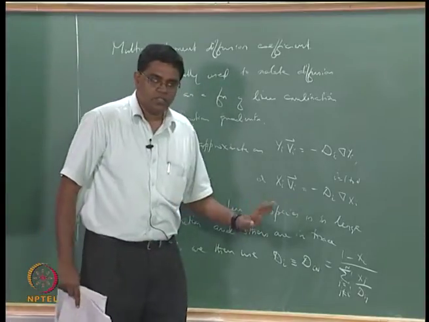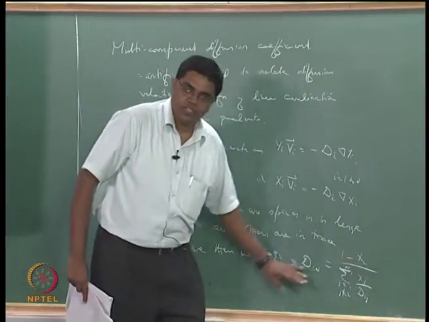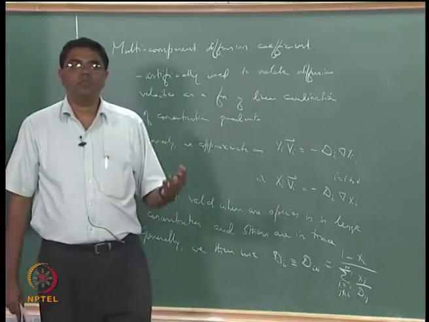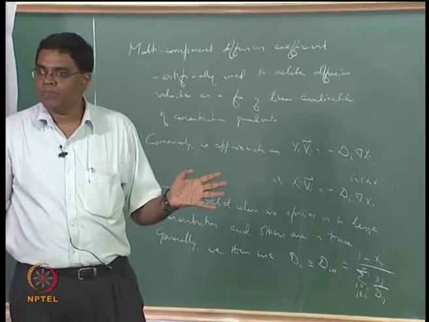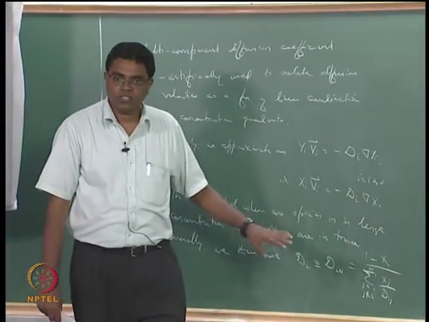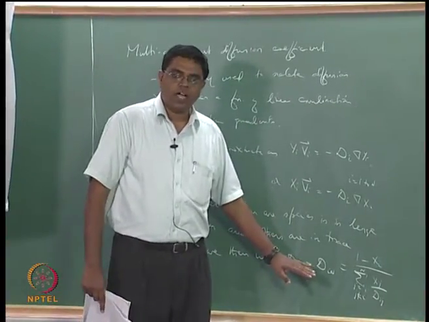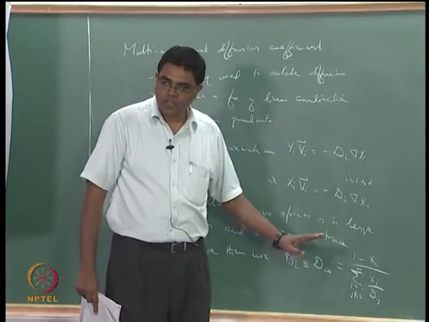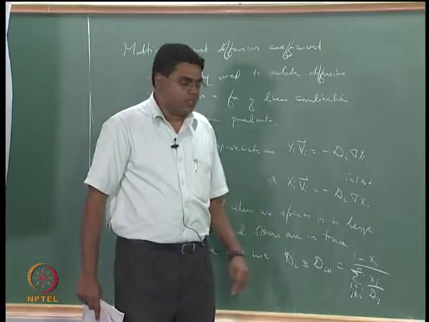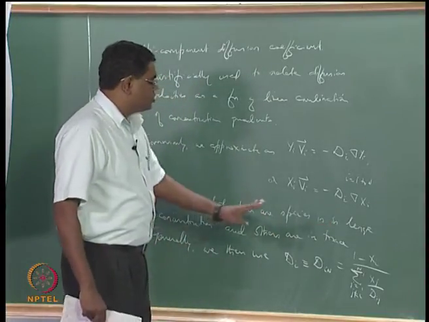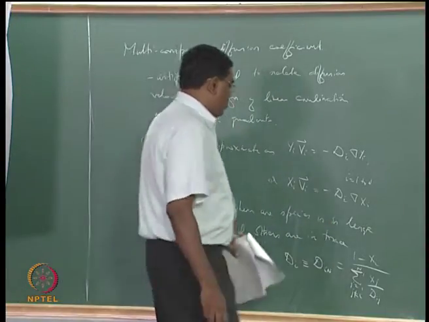Strictly speaking, this derivation is possible only if you assume that all the species have equal velocities, whereas we ignore that when we apply this to a situation where that is not the case, and that is in general not the case. So there is an assumption that goes with it which we normally violate.